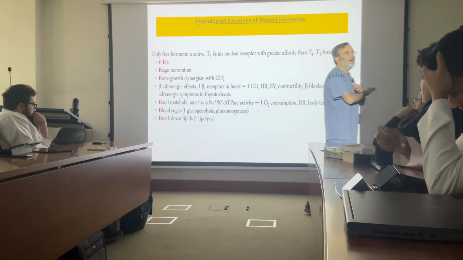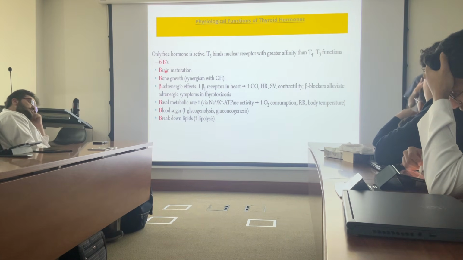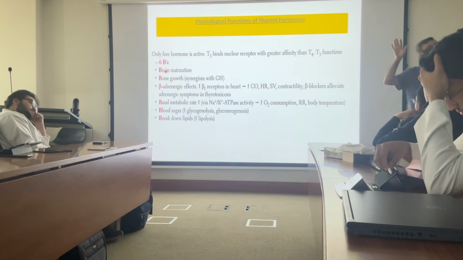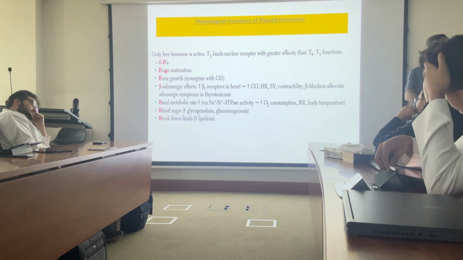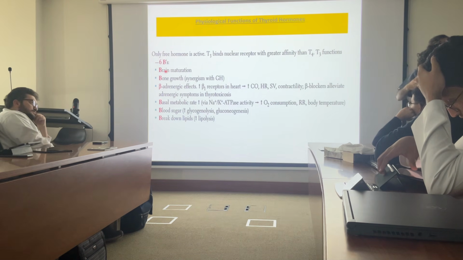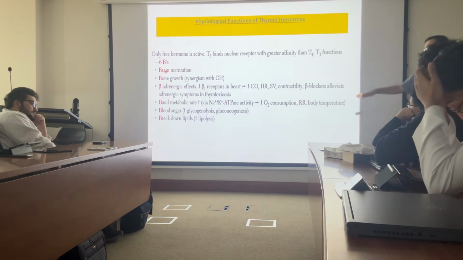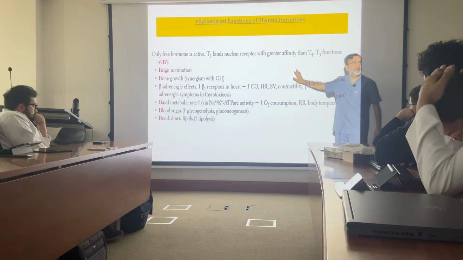So it is a catabolic hormone. If you have too much thyroxine, you would start to lose weight because it is doing catabolism of proteins and fats, and it is producing glucose so that you have energy because it is increasing the basal metabolic rate. Clear, everybody?